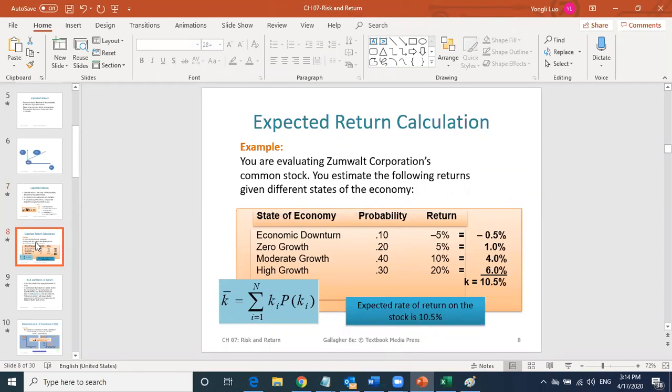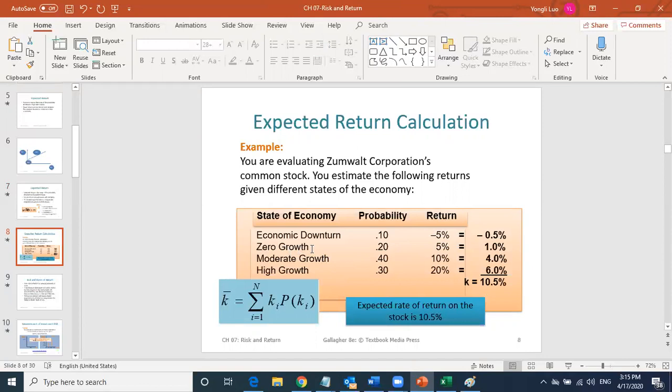So let's say we have an expected return for a company called Zomwatt, the Zomwatt Corporation's stock, and they have different economic situations, different states of the economy. For an economic downturn the probability might be 10%, and your stock return is going to be negative 5%, you lose 5%.